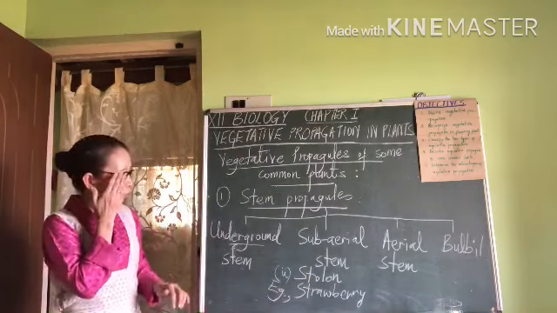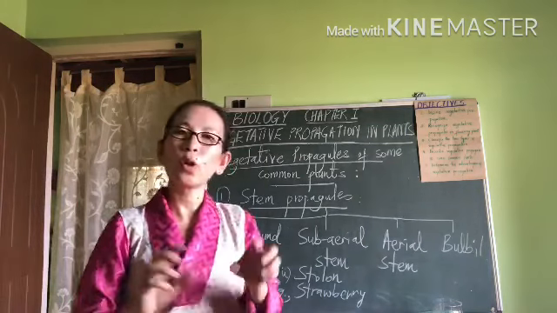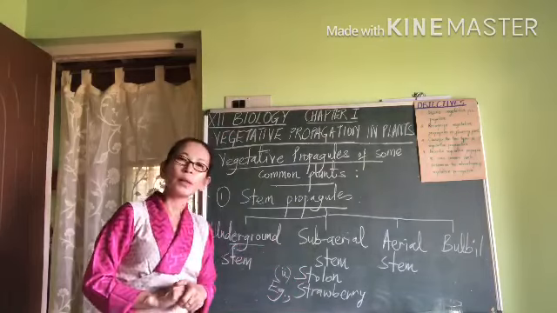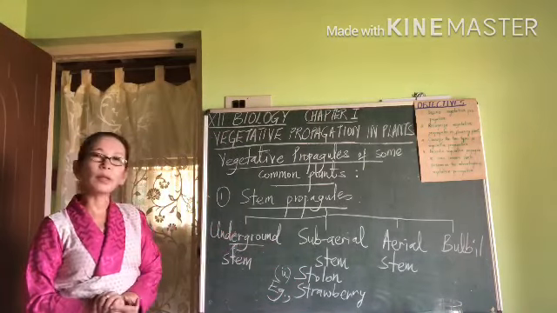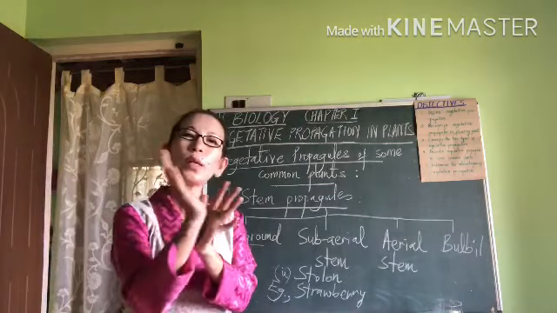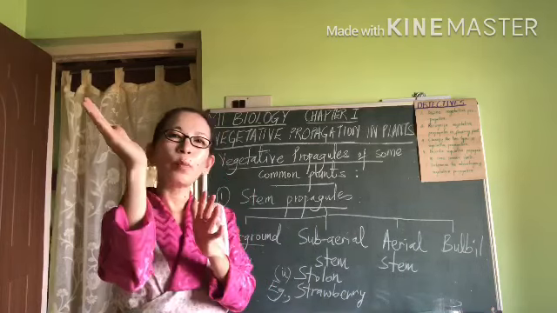Okay. So how is a stolon different from a runner? Basically, a stolon is also a subaerial stem, and unlike the runners, it will not be in close contact with the ground. So this stem arises from the nodes, and forms a kind of branch.